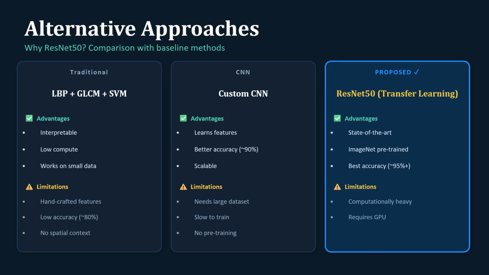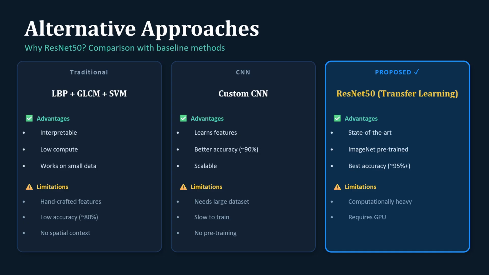Before explaining why I chose ResNet 50, let me quickly compare the three main methods. The first is a traditional method using LBP features with an SVM classifier. It is simple and works with less data, but accuracy is very low. And the second is the custom CNN. It learns features on its own and does better than the previous one, but it needs a very large dataset and takes longer to train.